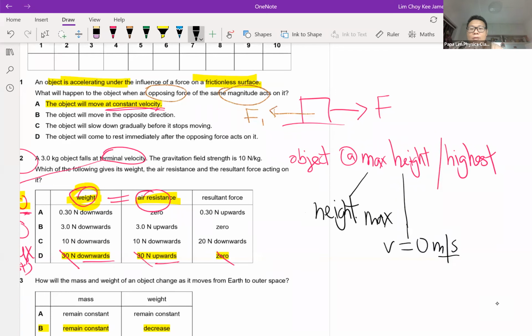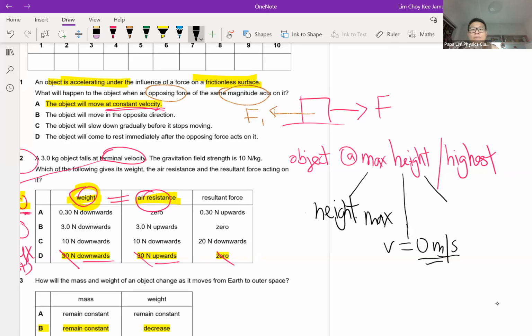At the highest point before it starts dropping down, that split instant, the velocity is 0 meters per second. Last, one of the specifications for the highest point: when we talk about free fall at the highest point, although the velocity is 0, it doesn't mean the acceleration is 0, because at that point it is actually falling under the influence of gravity.